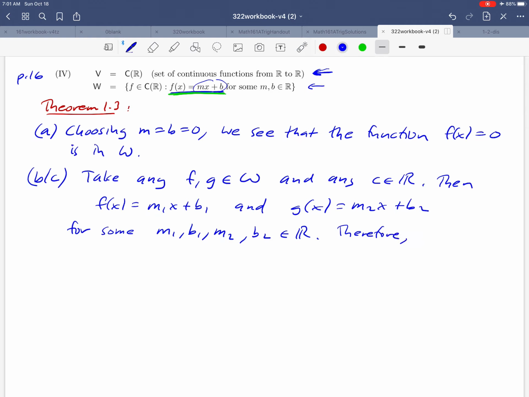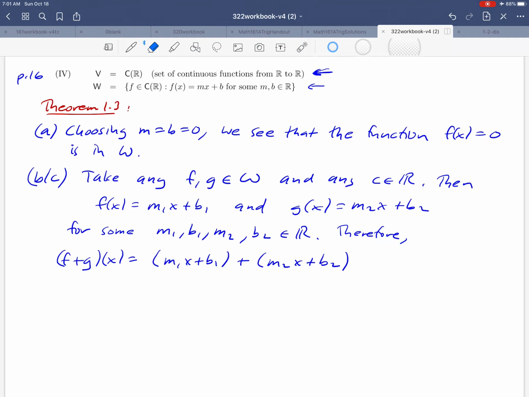So, what about the question of closure then? Well, let's look at f plus g. If we add f and g together, we're just taking m1x plus b1 and adding it to m2x plus b2. And the question that we're asking is, if we do that, is the sum in this form of looking like mx plus b, looking like a linear equation?